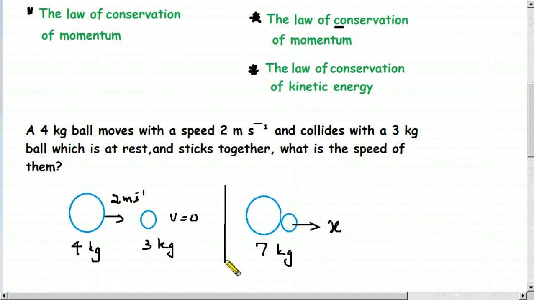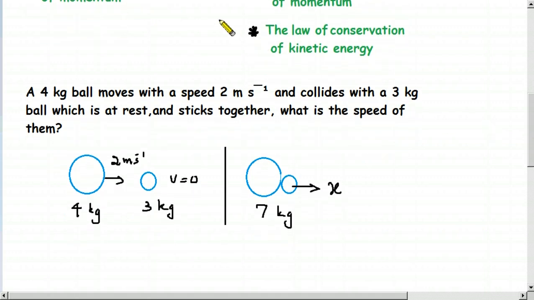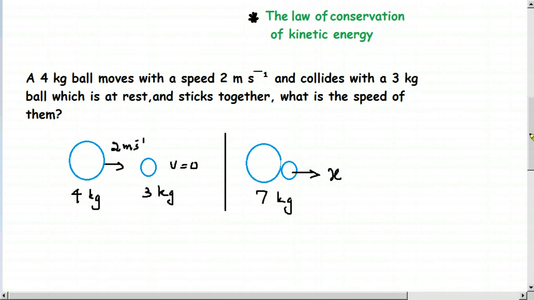After collision, the compound moves at a velocity, speed, just say speed x. So this part of the diagram is before the collision, and this part is after the collision.